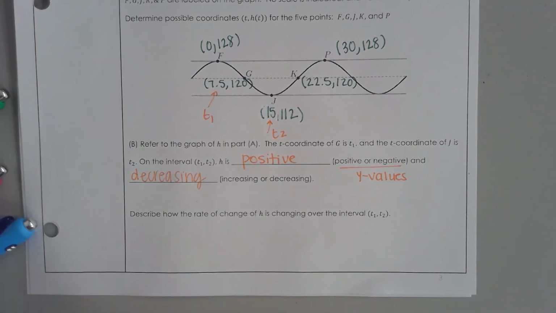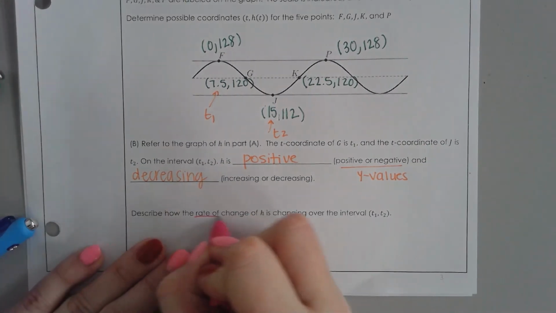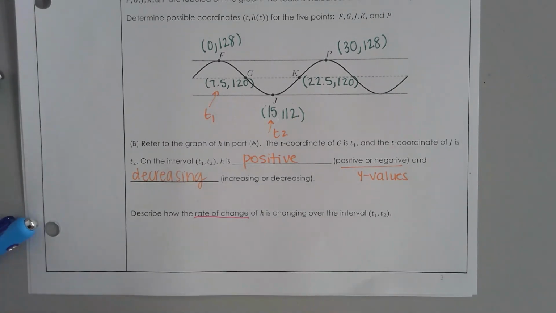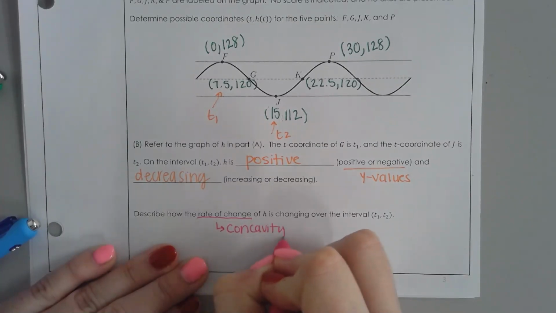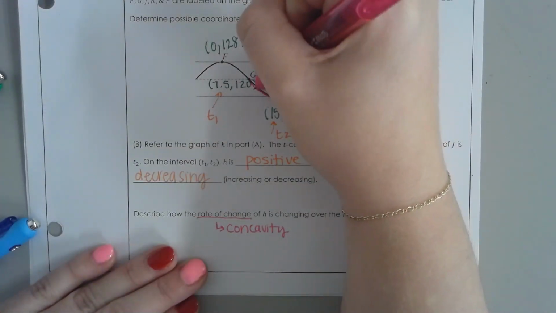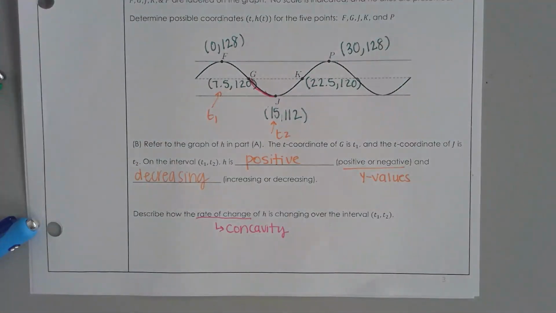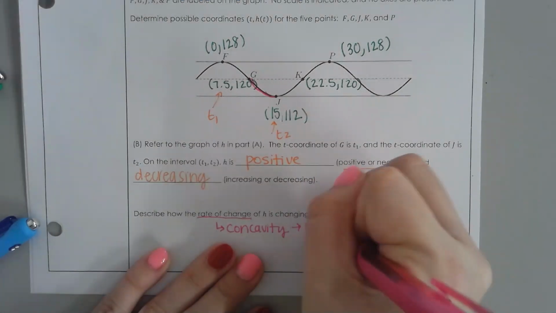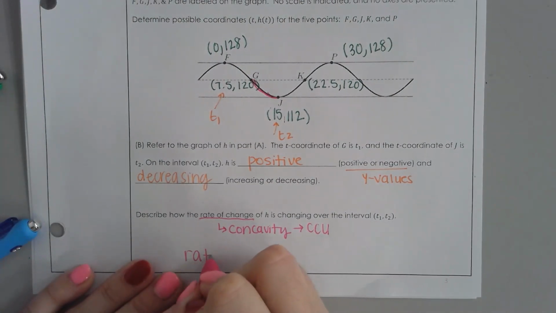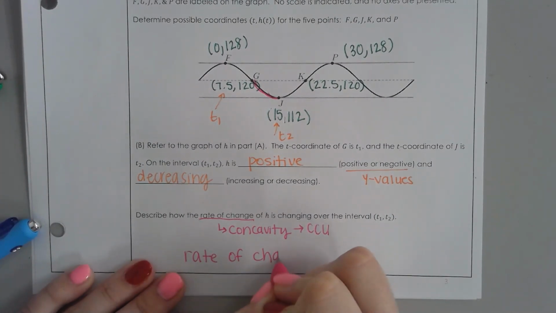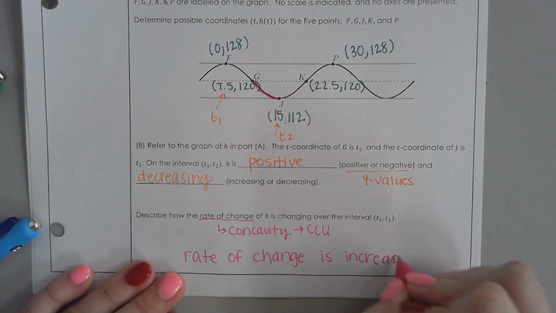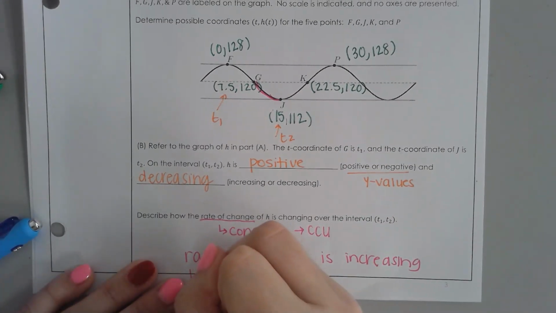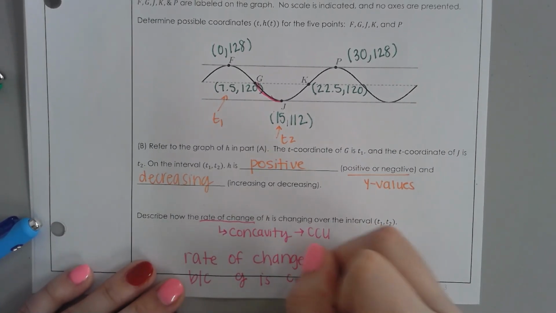It says, describe how the rate of change is changing. When it's talking about the rate of change, it's asking about the concavity. From G to J, is it concave up or concave down? It's concave up, which means the rate of change is increasing, because the graph, called H, is concave up.